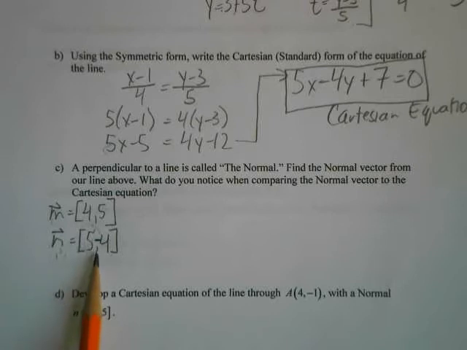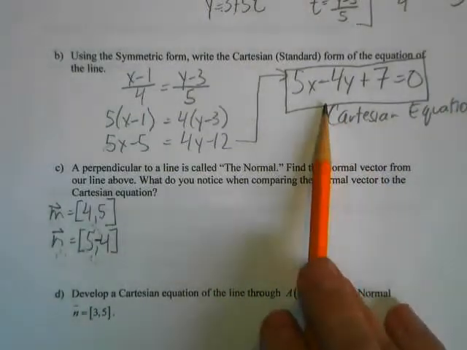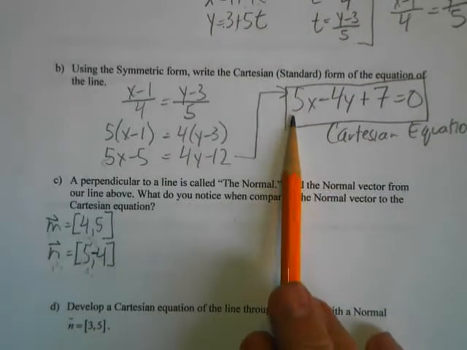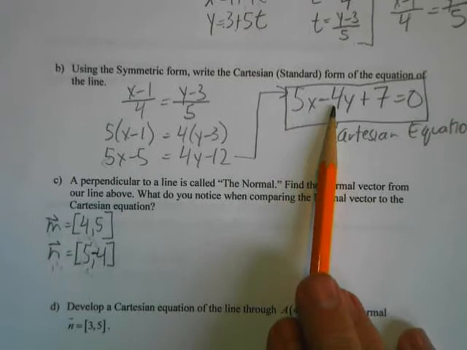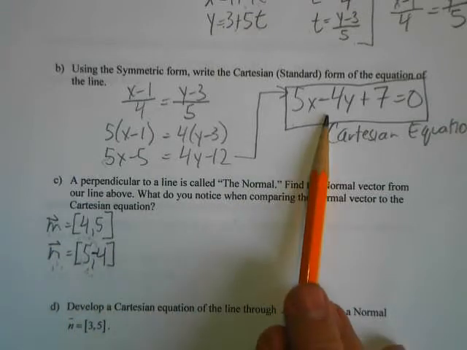Okay, now if we go back and compare the Cartesian equation, we've got 5x minus 4y. Well, that 5, -4 seems very familiar, and that's actually the normal, and that's not a fluke. This is always going to be true.